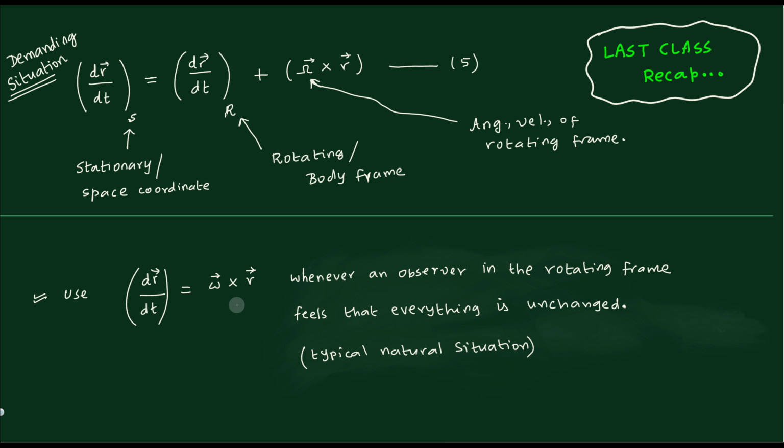Now after understanding this, you come and see another equation. In many of these simple situations, the observation given by the green observer will be 0. In such situations, we can quickly write down that dr by dt is actually omega cross r, where omega is the angular velocity of the rigid body itself. Usually capital omega is attached to the angular velocity of the coordinate system.